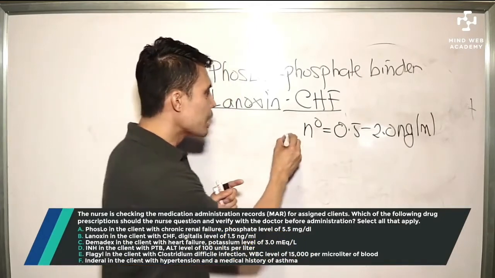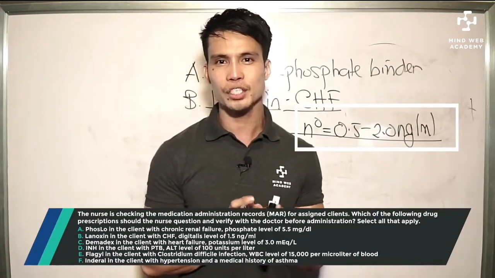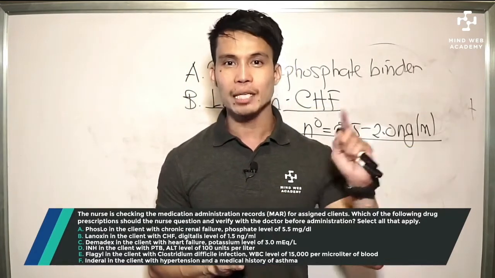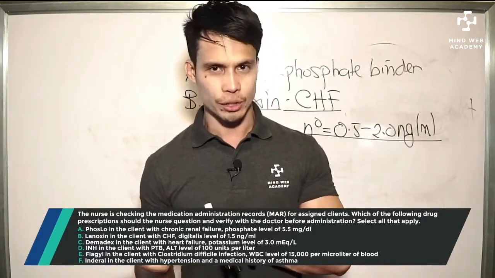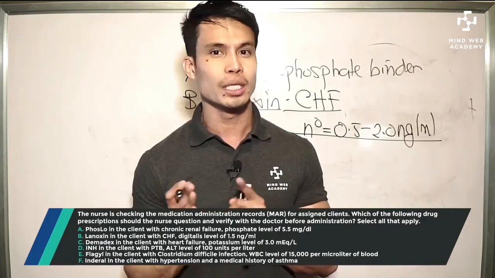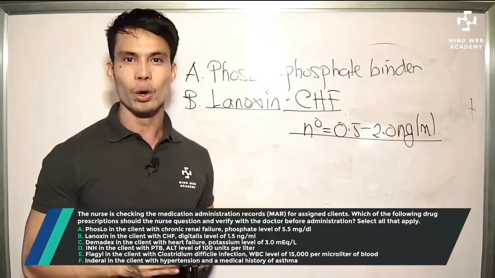Should I question the order? No, because the digitalis level in the blood is within normal. So A and B are both correct orders, right? I don't need to question letter A and I don't need to question letter B. So letter A and letter B are now eliminated.